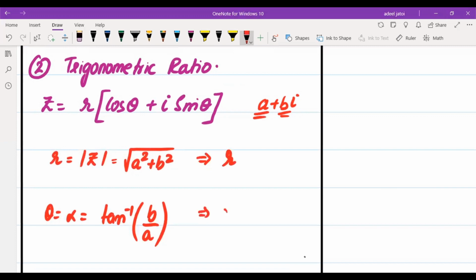And theta we normally call the argument. That means the argument is tan inverse B upon A.